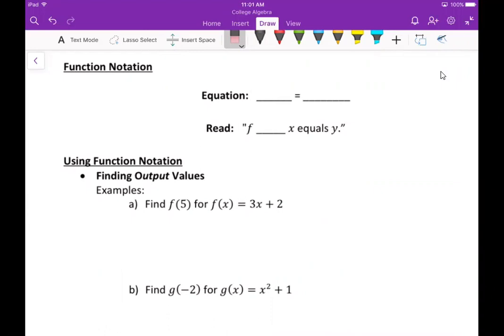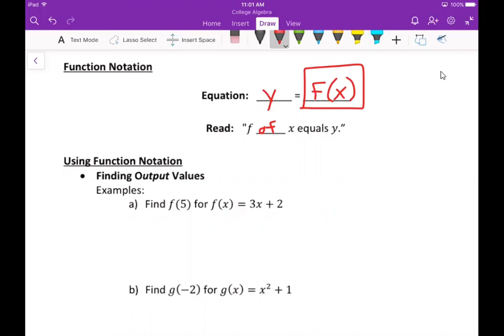And that notation is that instead of using y for our output variable, we're going to use what's called function notation, which is read f of x equals y. So this over here is not multiplication. This is our function notation, read f of x, kind of like thinking this is a function of x.